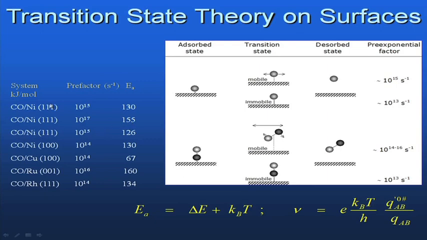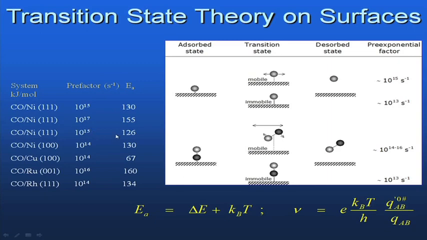Then carbon monoxide on nickel 110 is 10 to the power 14 and 130. Carbon monoxide on Cu 100 is 10 to the power 14 and 67. Carbon monoxide on ruthenium is 10 to the power 16 and 160. Carbon monoxide on rhodium 111 is 10 to the power 14 and 134. So, these are the various values of prefactors.